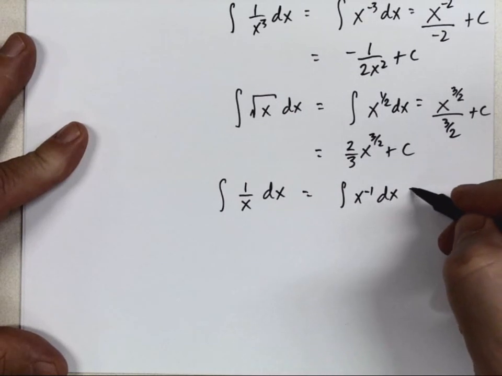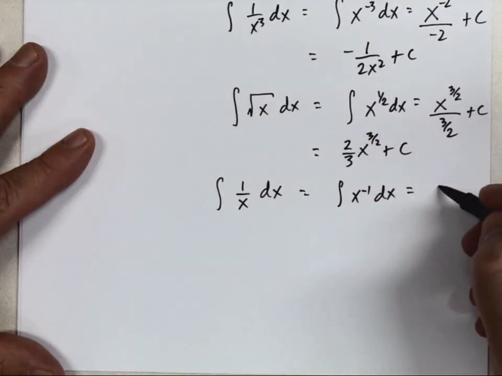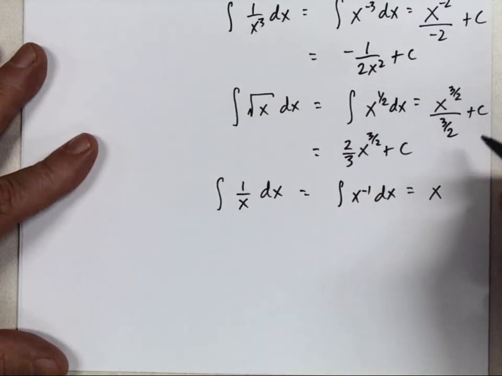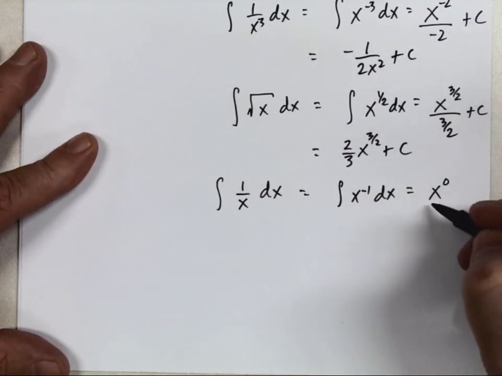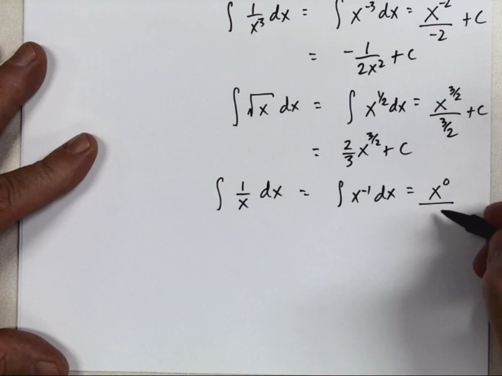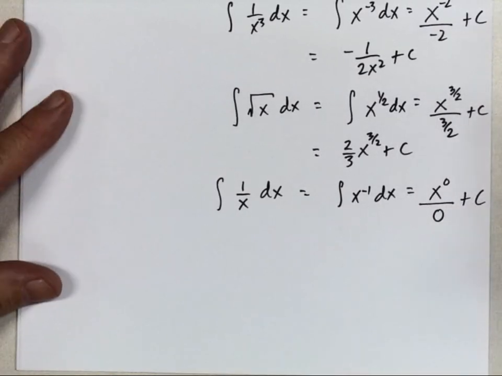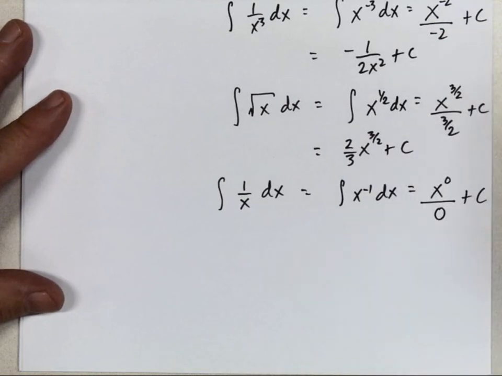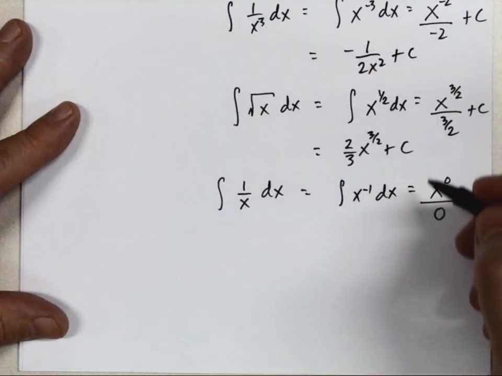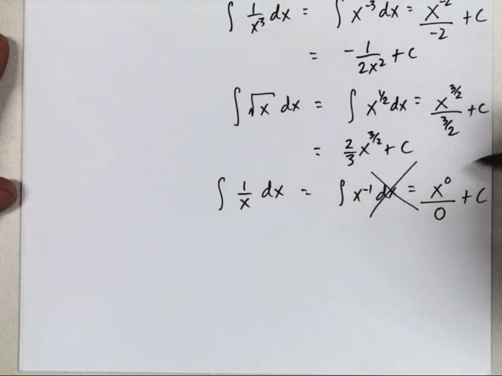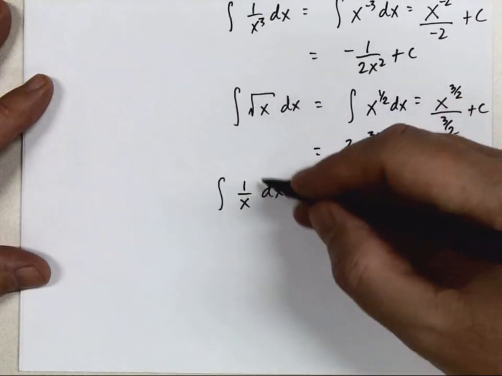So if I apply the power rule, I add 1 to this exponent, negative 1 plus 1 is 0, and then what goes in the denominator? 0. But of course, in the world of math, we can never have 0 in the denominator. So if I want to take the integral of this, I cannot do this. There's actually a special rule for just this case.